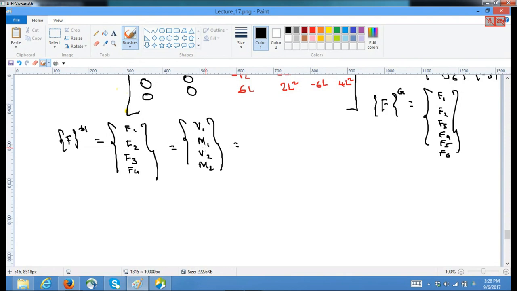So again we need to make sure our sign conventions are right. So let me invoke the previous notation to see that the sign notations are consistently maintained. This is the shear force at V1, this is the bending moment.